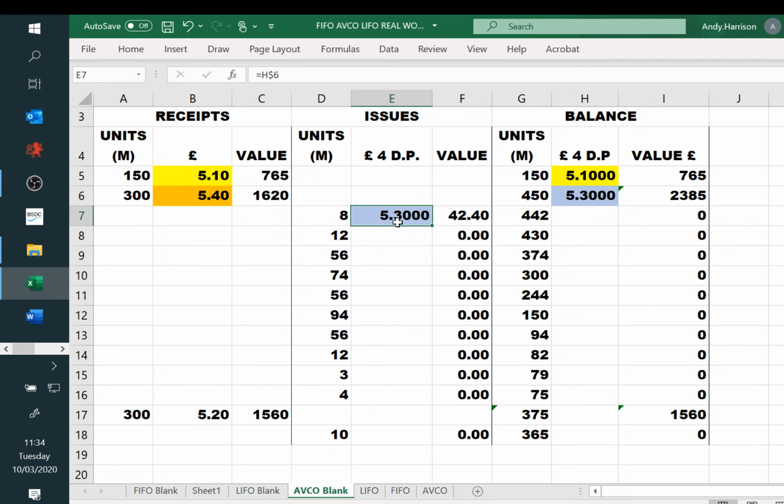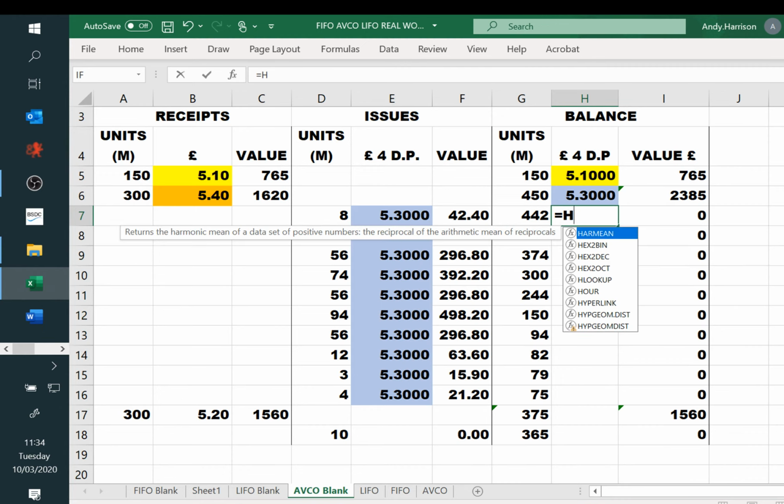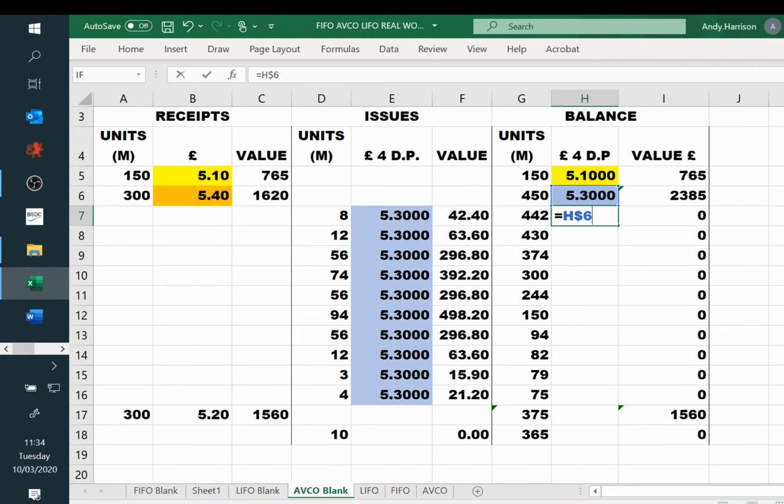but not just that issue, all our issues will be at that price, and also all our balances will be at that price.